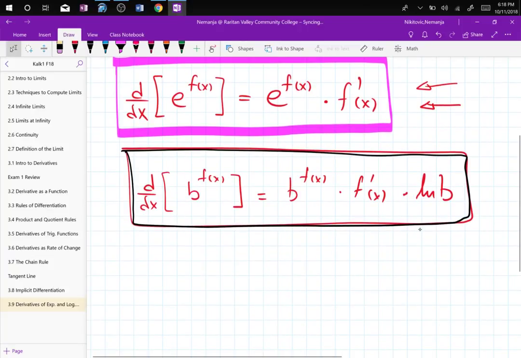So what is the derivative of e to the sine x using the pink box, obviously?